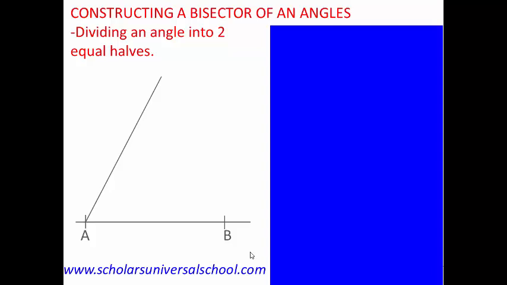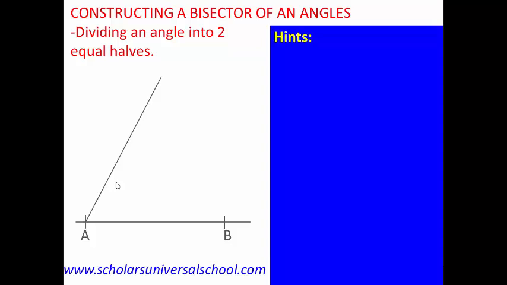So you draw the angle, just draw any angle you like. I have drawn my own angle here. The angle which I have drawn here is just about 70 degrees. And I want to divide it in such a way that at the end, you divide the angle into two equal halves of 35, 35 degrees.